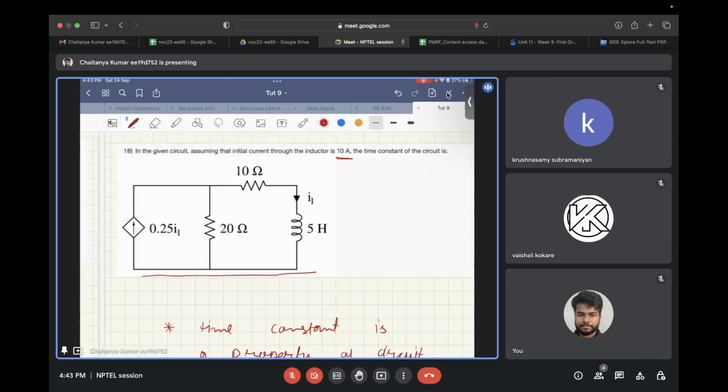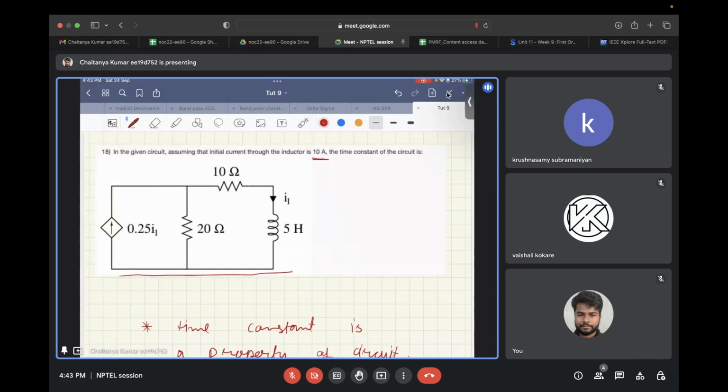We discussed this before also, that the time constant of the circuit is an inherent property of the skeleton of the circuit itself. It doesn't depend on any independent current sources or voltage sources, and it doesn't depend on initial conditions. So the initial condition information given in this question is redundant.